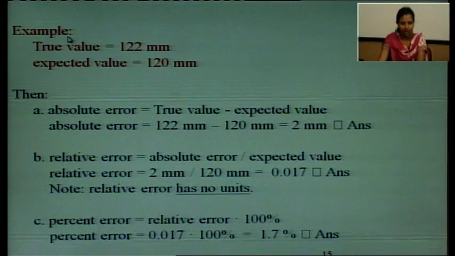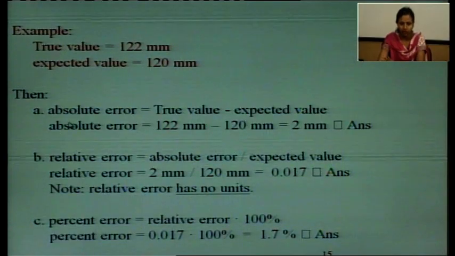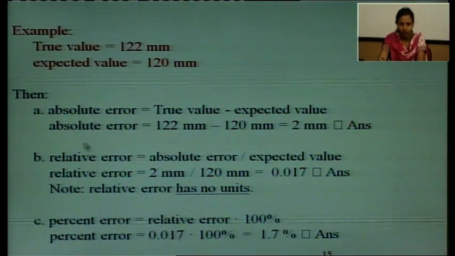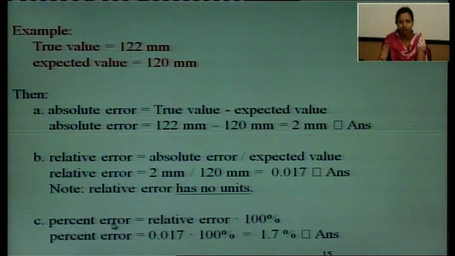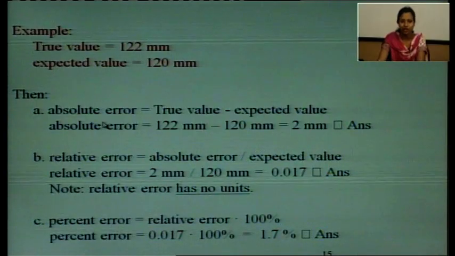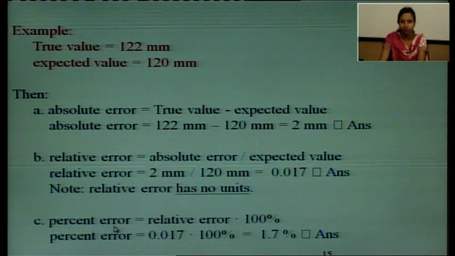While solving any numerical like this, we need to take care about what the true value is, what the expected value is, and how we can calculate absolute error, relative error and percentage error. So we need to remember only these three formulas to calculate any type of error. These three are very important types of error.